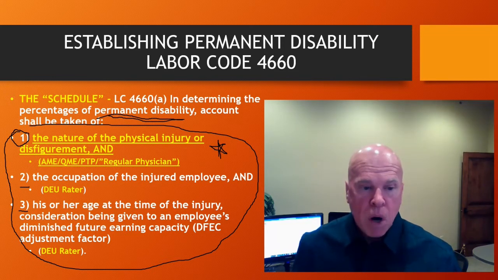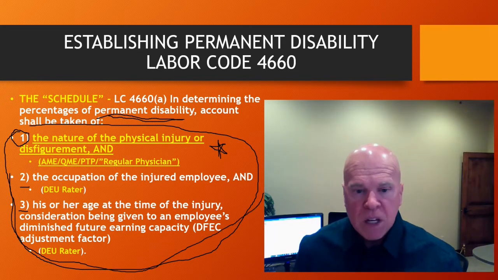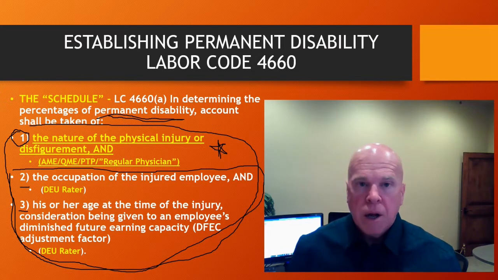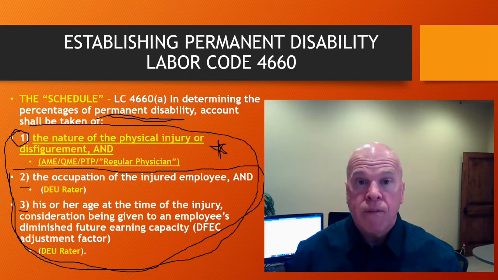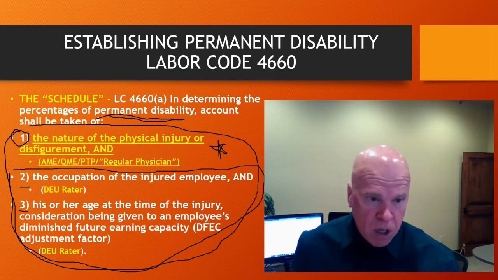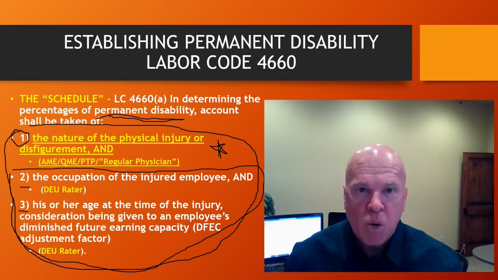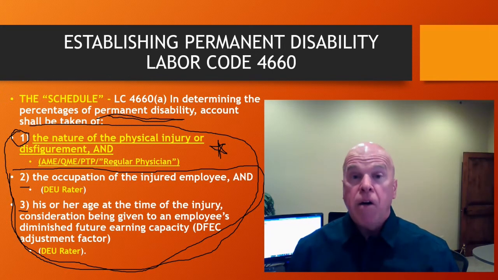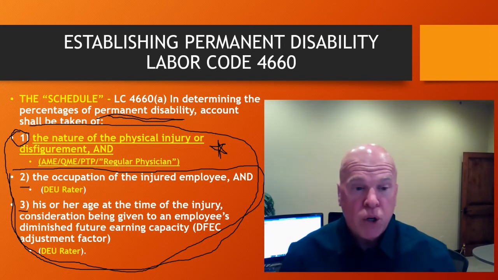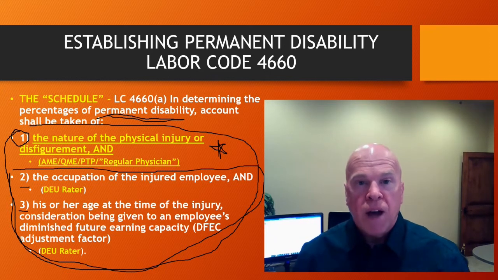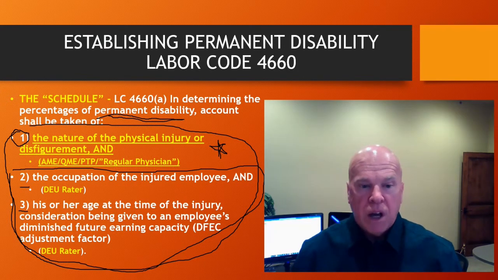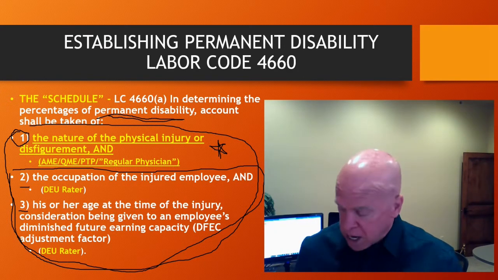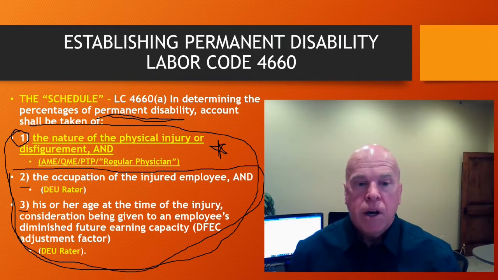So components numbers 2 and 3 are largely objectively fixed. They're fixed and they're not variable. Whereas component number 1, the nature of the physical injury or disfigurement, is very, very variable, and I'm going to show you how and where you can find the variations in your descriptions of the nature of the physical injury or disfigurement. Okay, so that's section A of 4660.